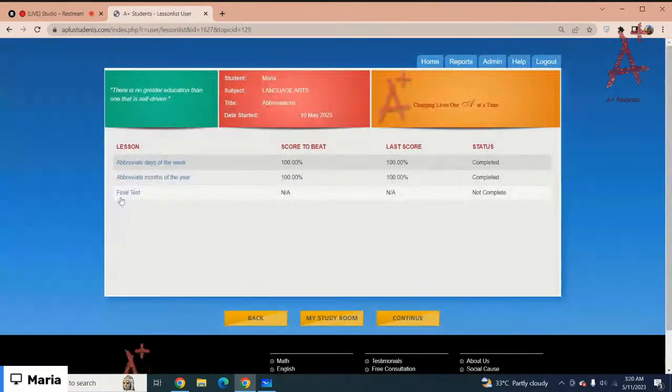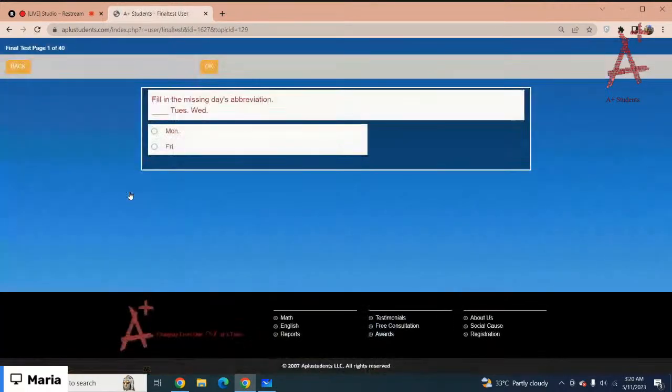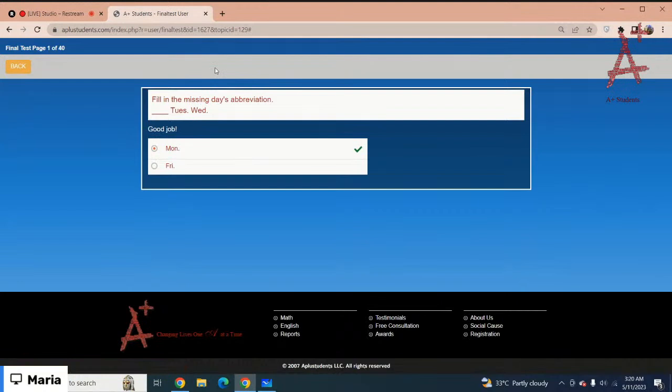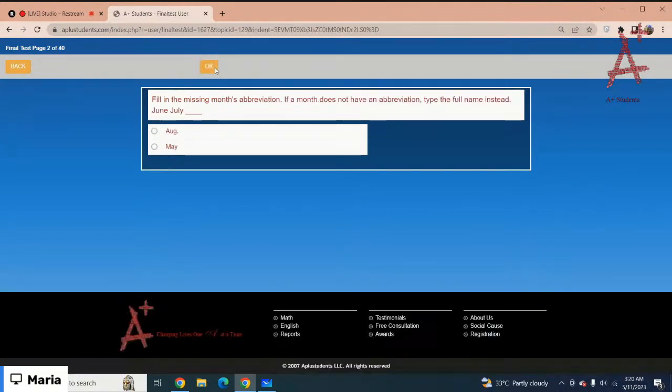Letters. Let's just do the final test, some of the questions from the final test. Fill in the missing day's abbreviation, which is the day before Tuesday. It would be Monday. Fill in the missing month's abbreviation, June, July, and which is the next month after July?